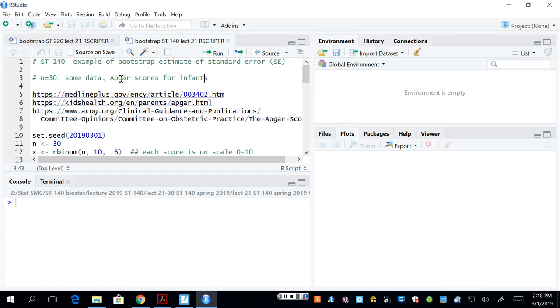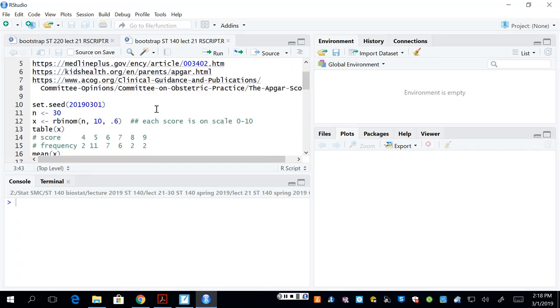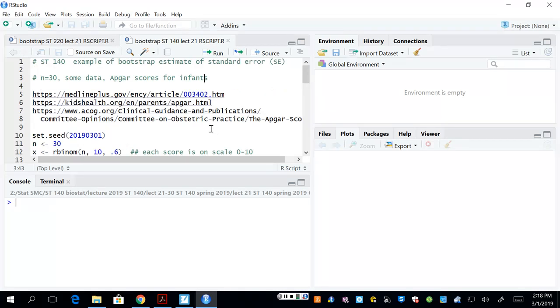An APGAR 5 score is 5 minutes after birth. If the baby's not breathing at 5 minutes, that's serious. If the breathing is labored, intermittent, or not very deep, that's a measurement of some problems. So there's a standardized score for that, and it goes from 1 to 10.